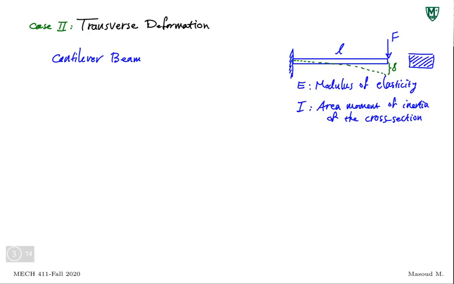Can anyone tell me, again, I understand, long time ago, any guess about what was this relationship? Given a force applied to the tip of a cantilever beam, how much is that beam going to deform at the tip?